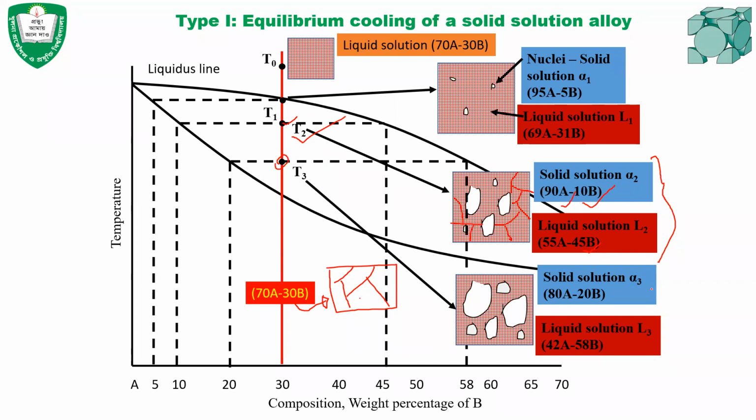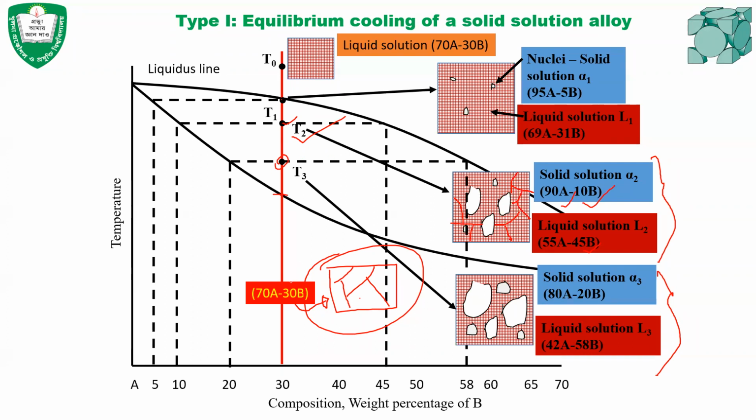So between temperature T0 and temperature T4, you can have a wide range of mechanical properties of the same alloy. But if you cool it very slowly from temperature T0 to room temperature, you'll get only one property. That is the significance of studying the phase diagram: to enhance the property.